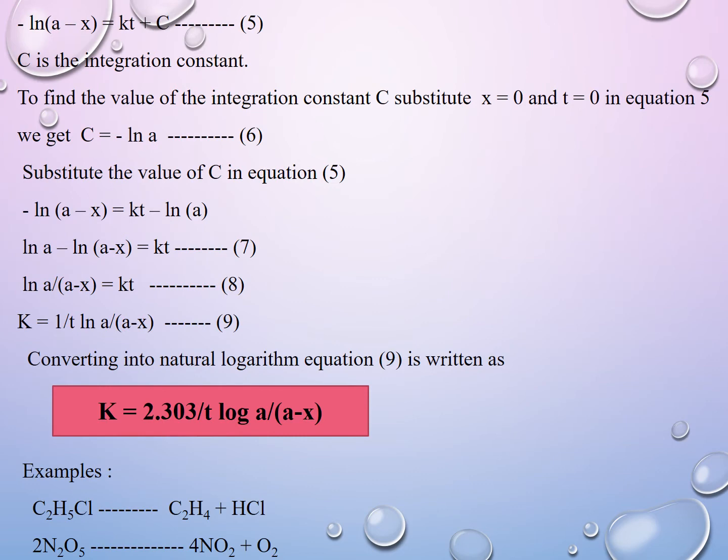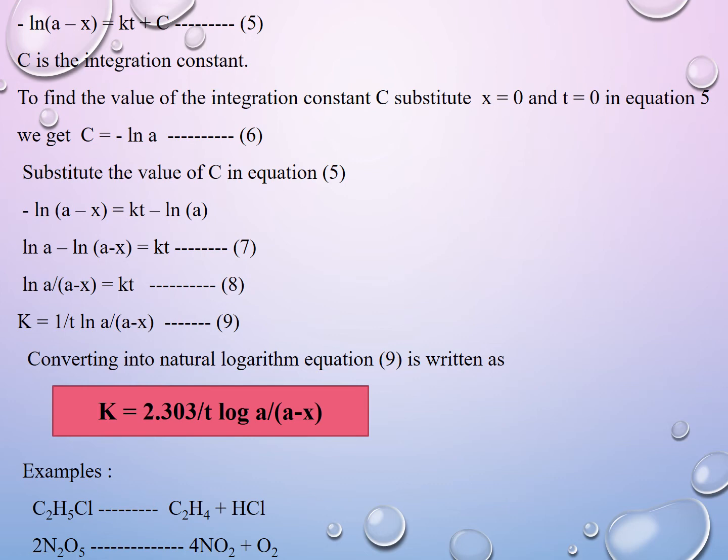Now the integration of dx by (a minus x) comes as ln (a minus x). Since there is a minus x inside, we get minus 1. So we get minus ln (a minus x) is equal to k times the integration of dt, which is t, so kt plus c, where c is the integration constant.